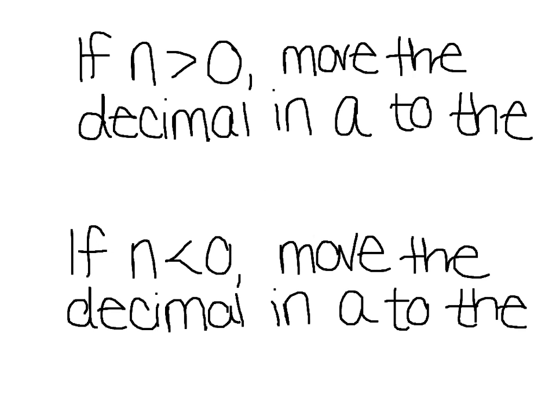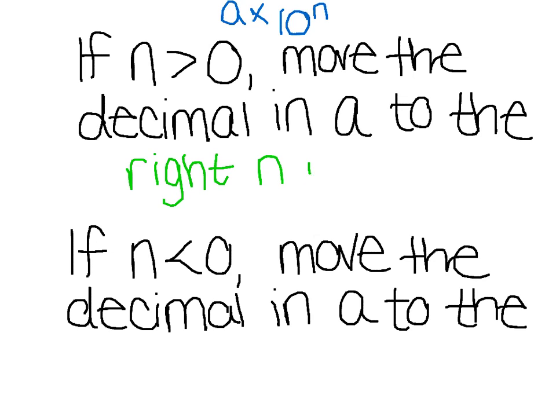If n, that's the exponent, is greater than 0, we're going to move the decimal in a. So remember, we have a times 10 to the nth power. If this exponent of n is greater than 0, so it's a positive number, we're going to move the decimal in a to the right n places.